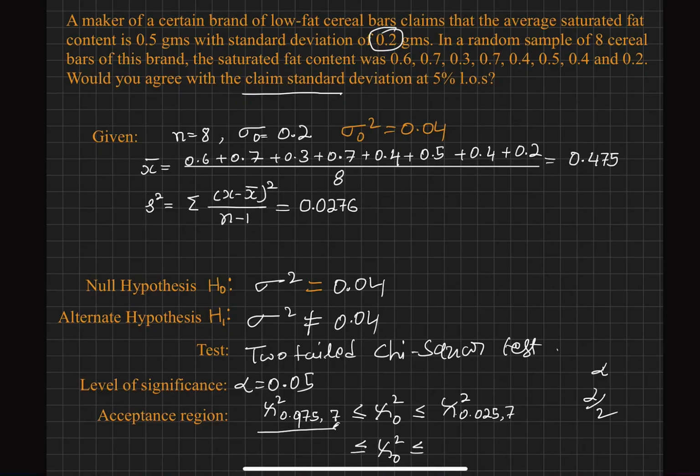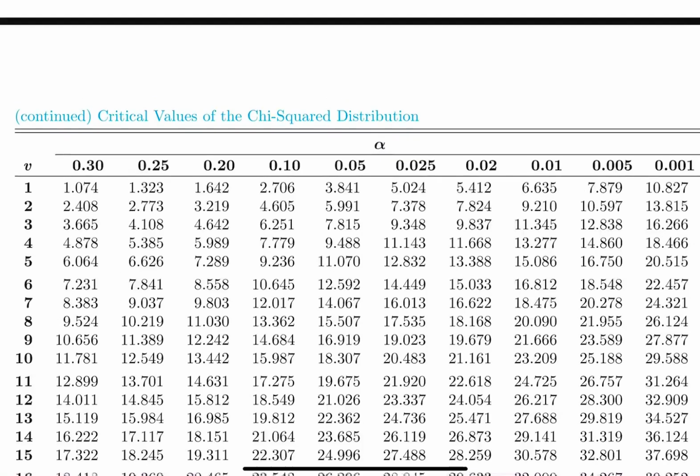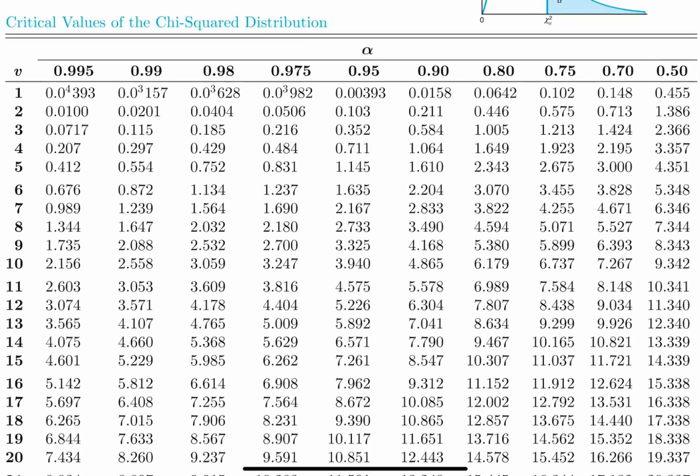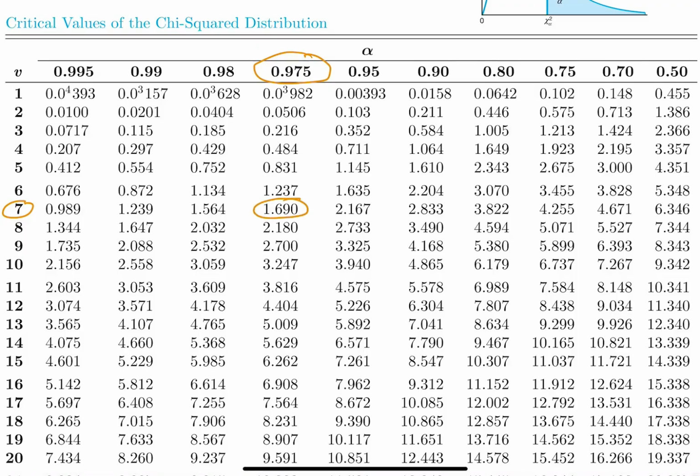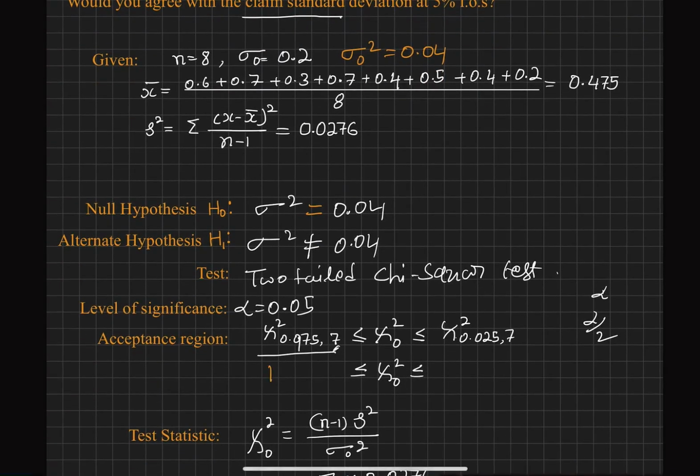Now we determine this value from the table. We want the chi-square value for 0.975 and degree of freedom 7, and the corresponding chi-square value is 1.69. So the left side critical value is 1.69.